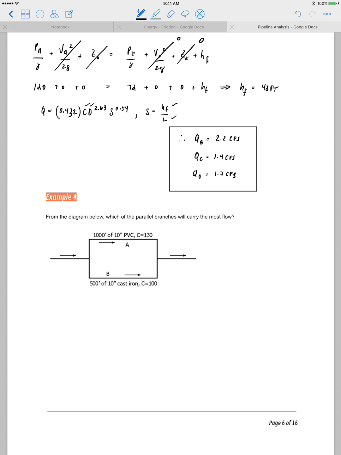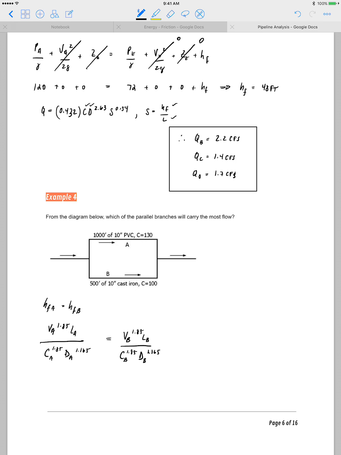Okay, so if we're going to equate these two branches, we can start by saying that we know that the friction head of A is equal to the friction head of B. And if we do that, we can say that then the V raised to the 1.85 times L divided by C to the 1.85 times D to the 1.165 is going to be equal to the same thing over on the B side of the equation, and this is a Hazen-Williams relationship.